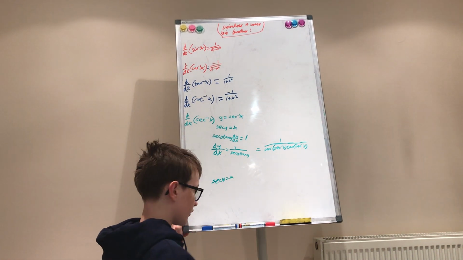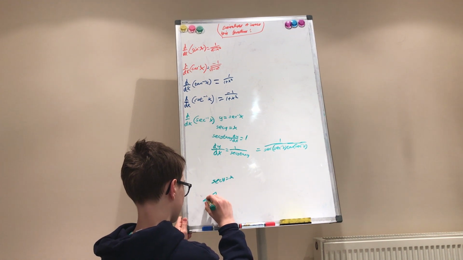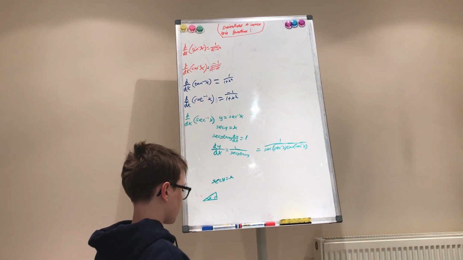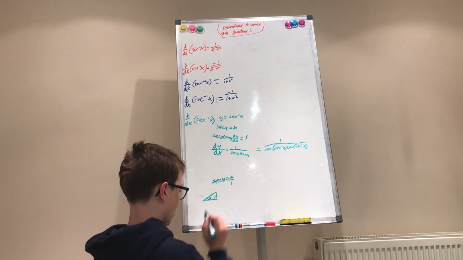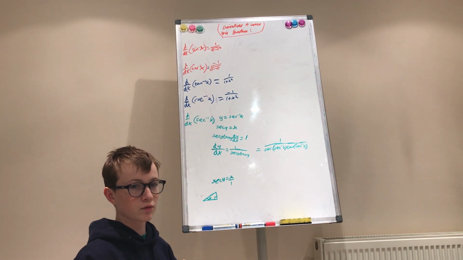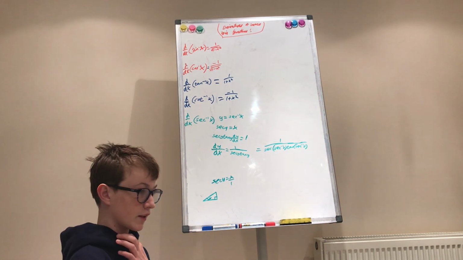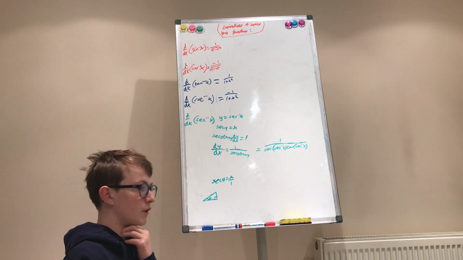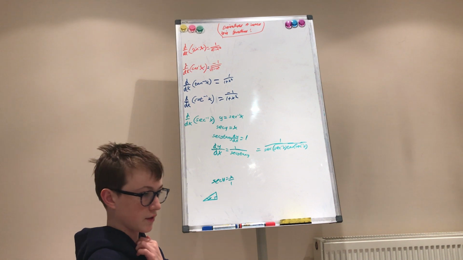Okay? So now let's draw a right angle triangle. Let's call this angle y. So if secant of y equals x, that's equal to x over 1. So now recall, what is secant? Secant is not adjacent over hypotenuse, that would be cosine.